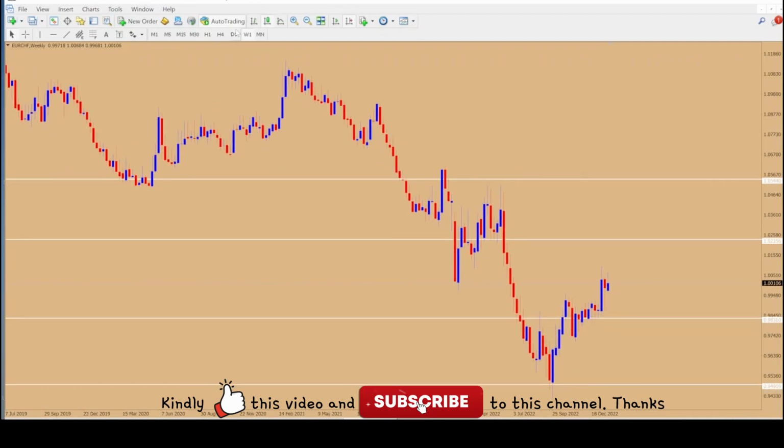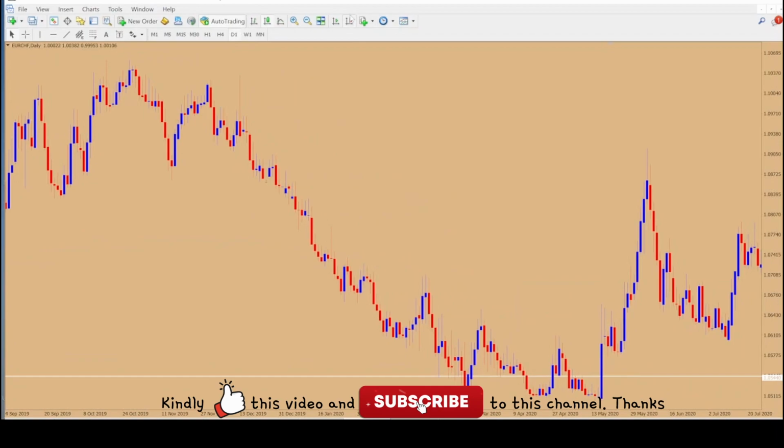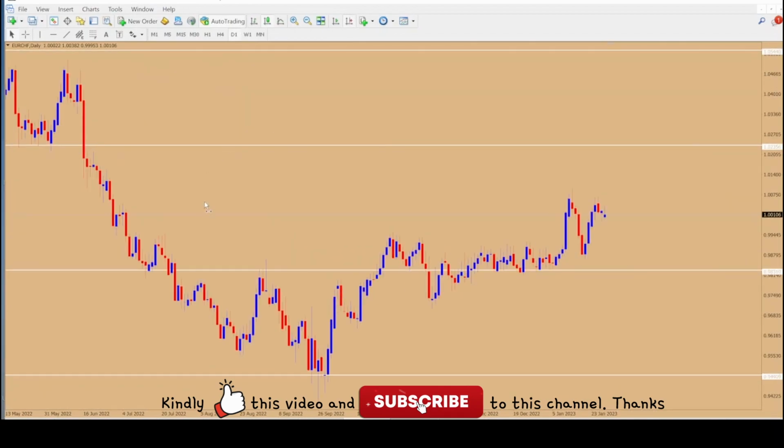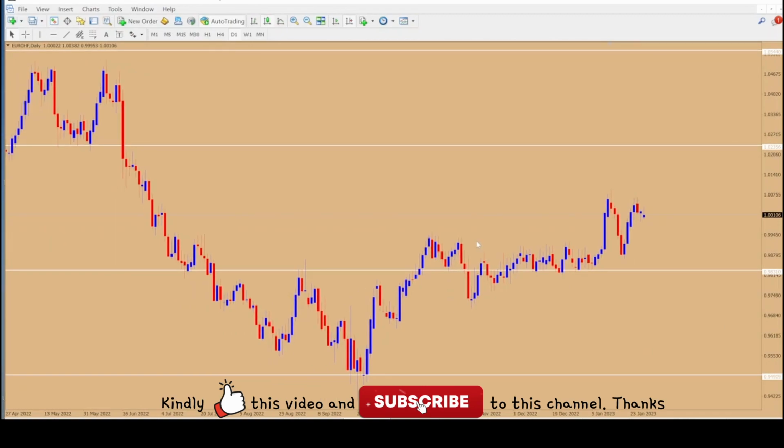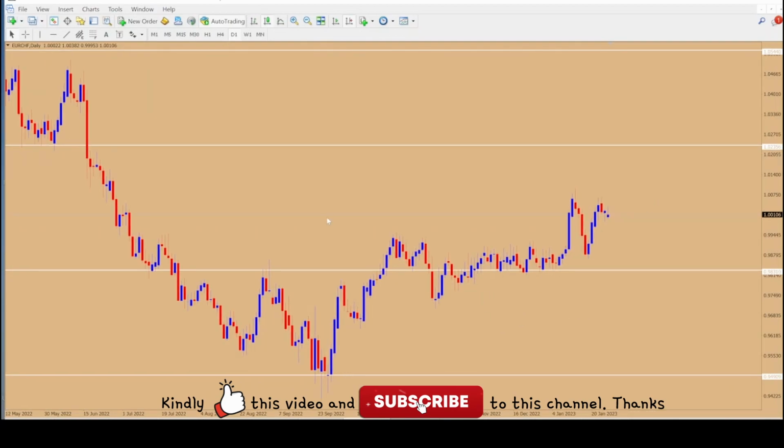One thing I like about this pair is that it's very directional, so to say. When it moves in one direction, it actually moves well in that direction. So it's one really good pair to trade. So for EURCHF, let's wait to see the market come into the 0.9831 area, then watch it go higher.